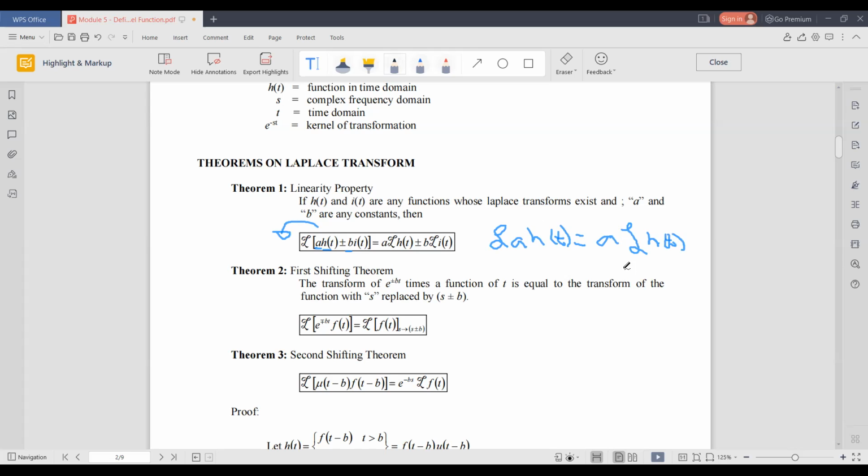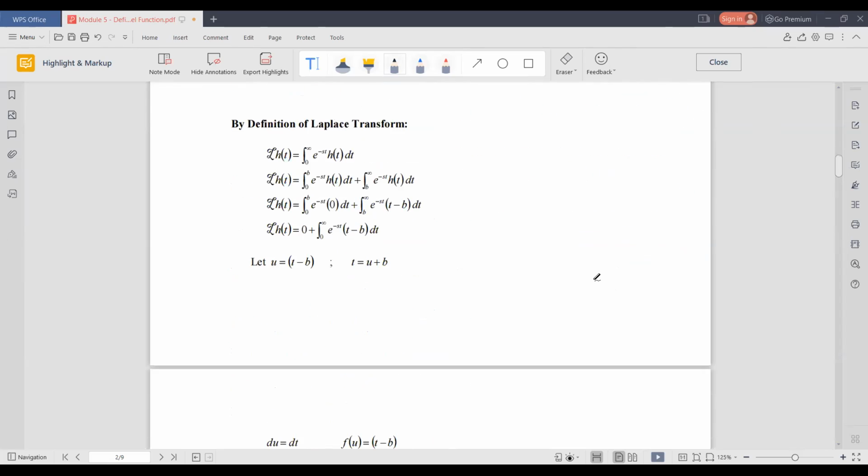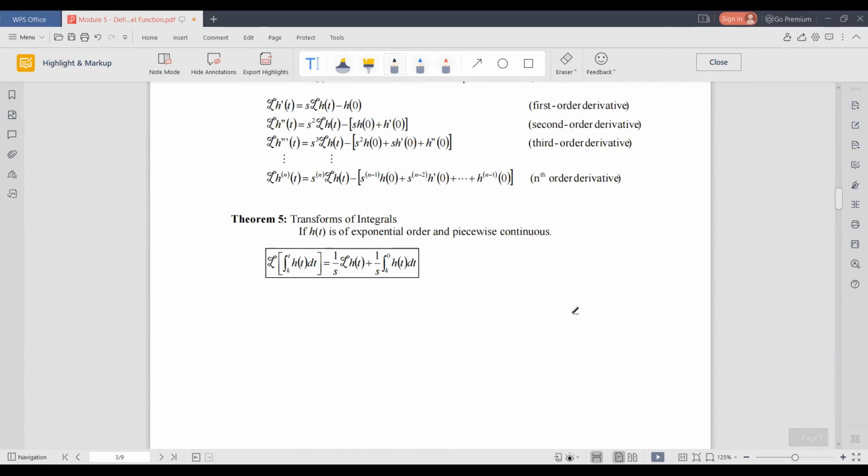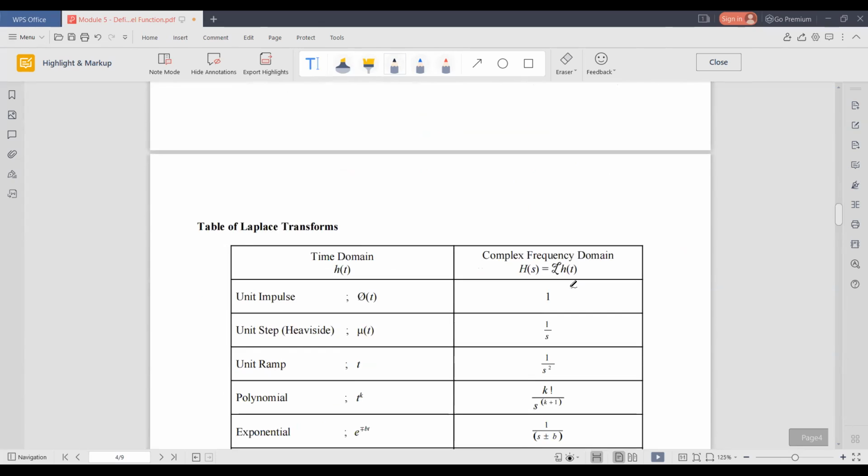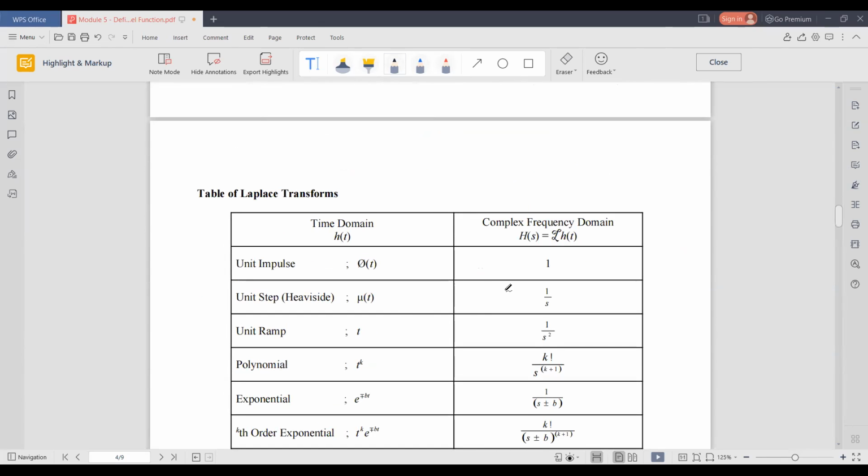Okay, then plus any function. And then we can evaluate this one using the table of Laplace transform. So this is just equivalent to 1 over s. 1 over s lang to. Kung titingnan niyo dito, mamaya we will discuss later kung paano ba ito nakuha.